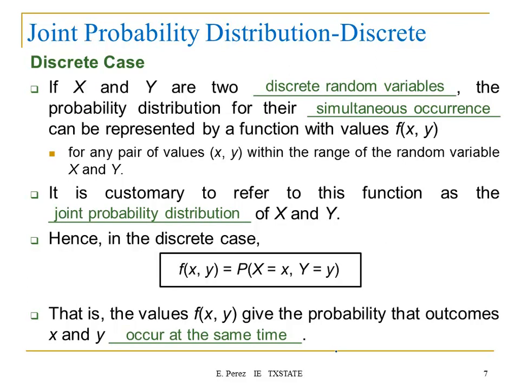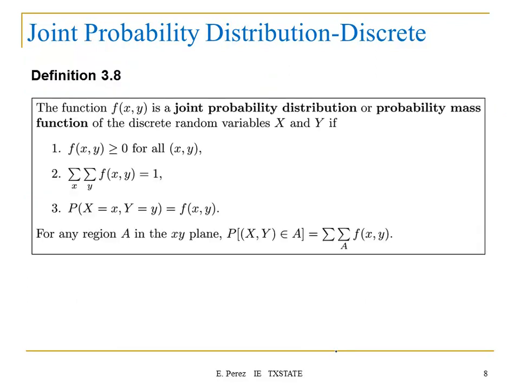Can I move to the next slide? Okay. So this is a formal definition from your textbook, definition 3.8. The function f of x and y is a joint probability distribution or probability mass function of discrete random variables x and y if, remember the 3 conditions for the discrete probability distribution?